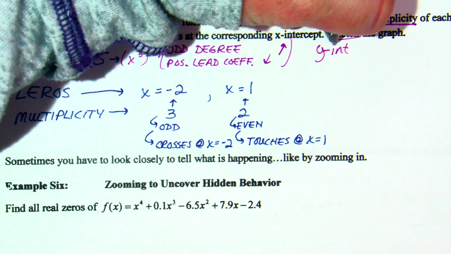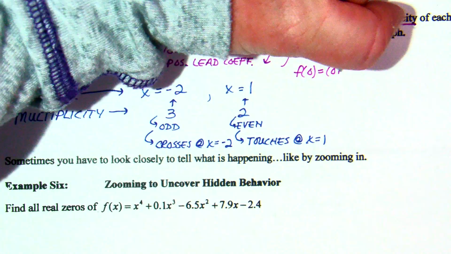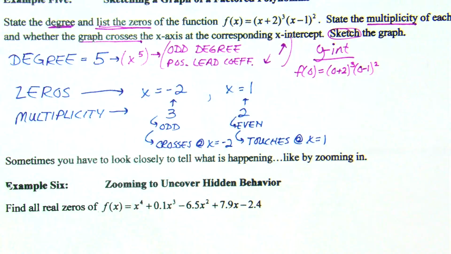So the y-intercept means we're going to find f of 0. So when x equals 0. So if I find f of 0, 0 plus 2 cubed times 0 minus 1 squared.